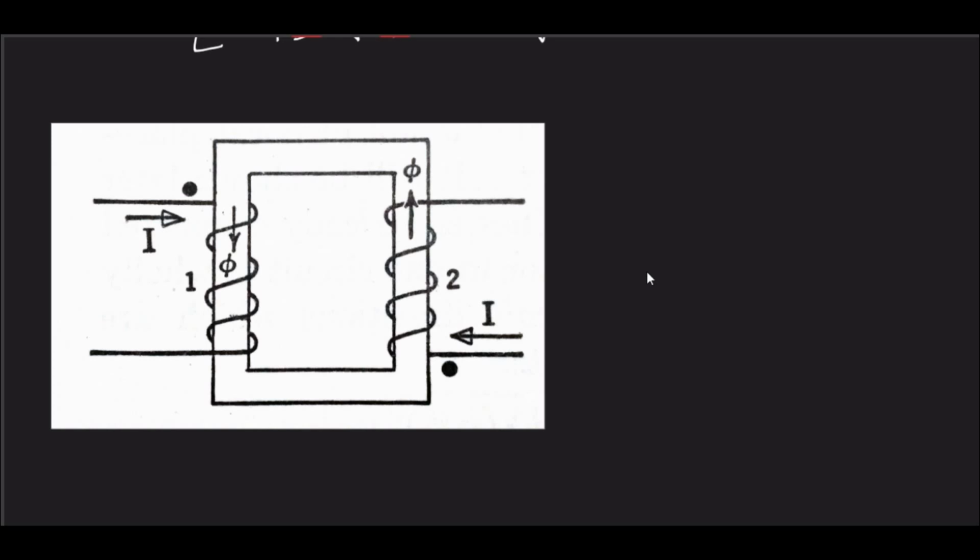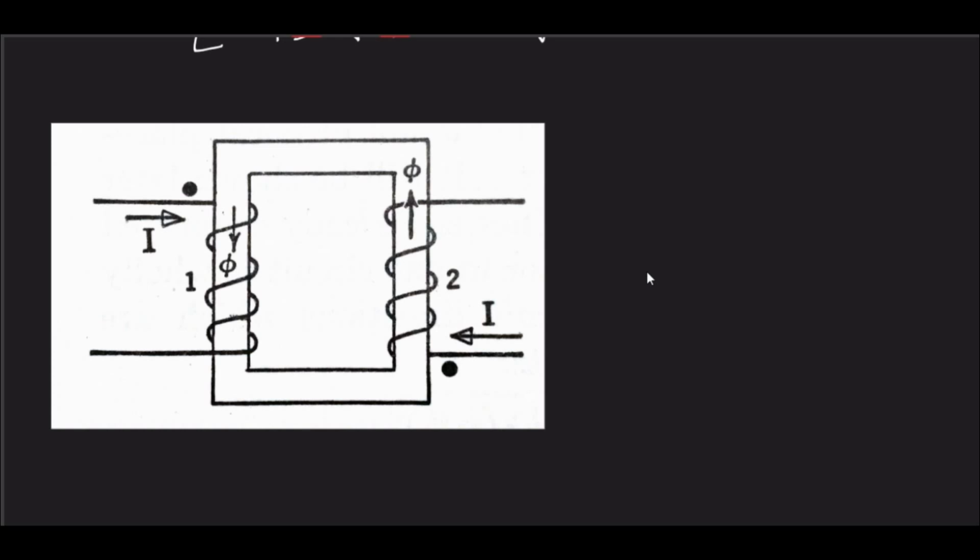If only this side is connected, then MMF will be produced by the current of circuit 1 only, and that MMF will cause a flux. The direction of MMF you can find out using the right hand thumb rule, and that MMF will produce a flux circulating through that rectangular core.